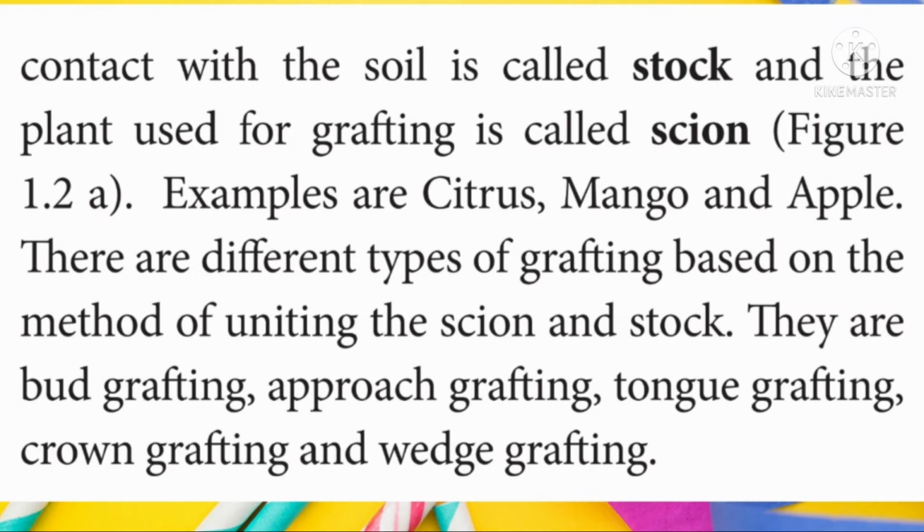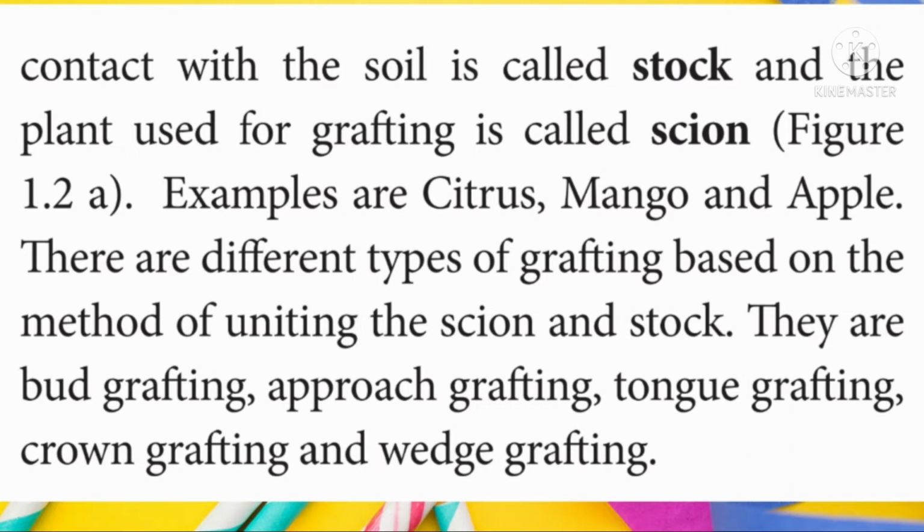The stock is the plant growing in the soil itself, and from the other plant we take only a branch to make the graft. So the plant that remains rooted in the soil is called the stock. The other plant, from which we take only the branch, is called the scion.